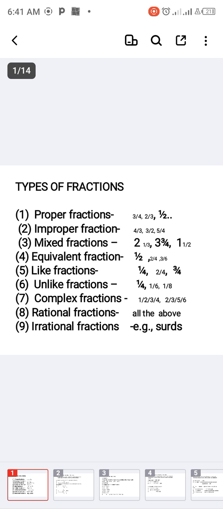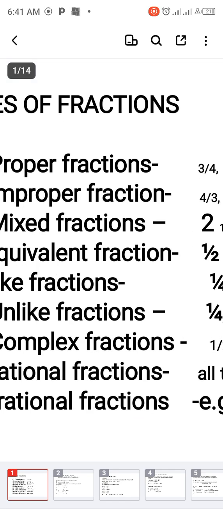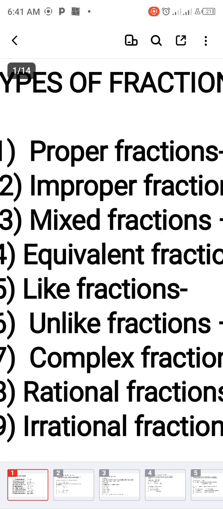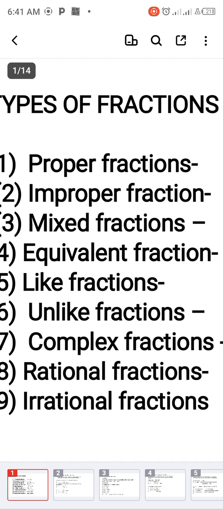Having known that, let us take a look at the types of fractions. There are about 9 types of fractions. We have the proper fraction. We have the improper fraction.